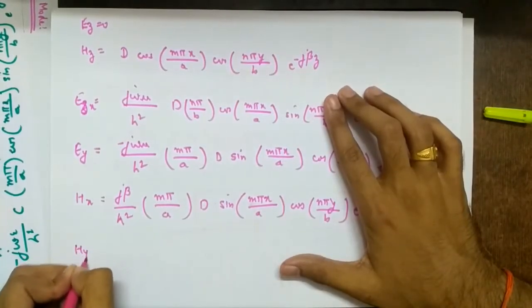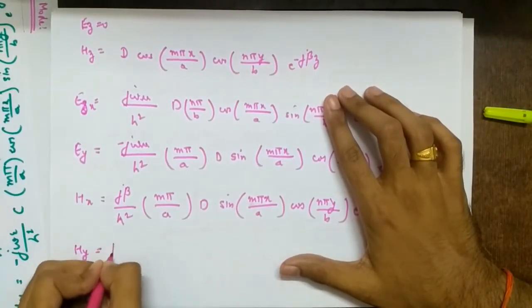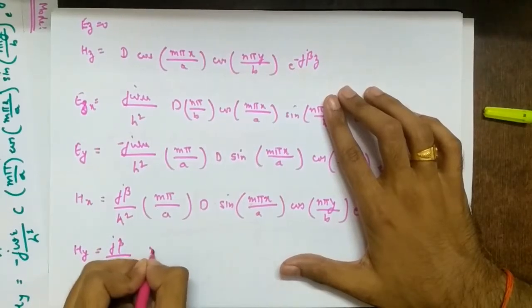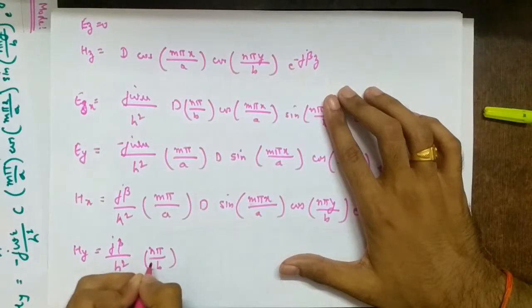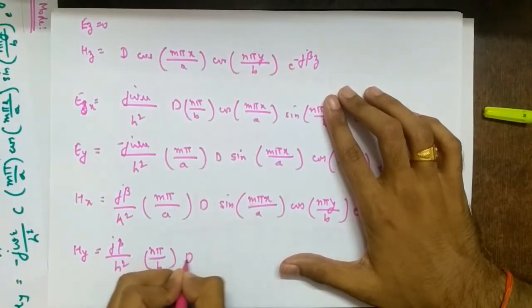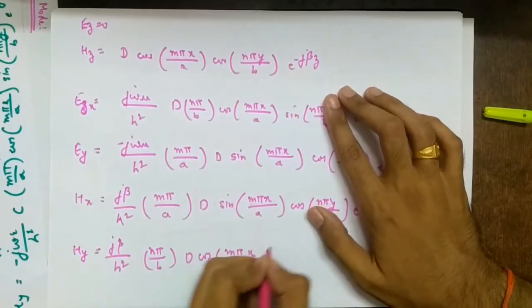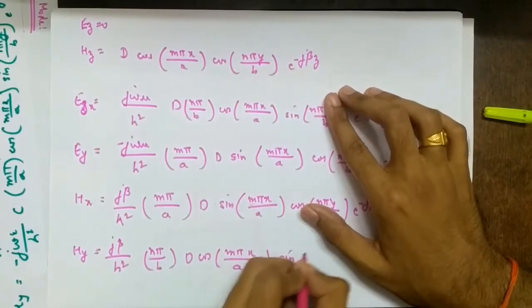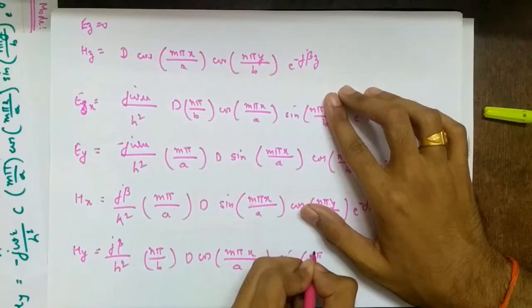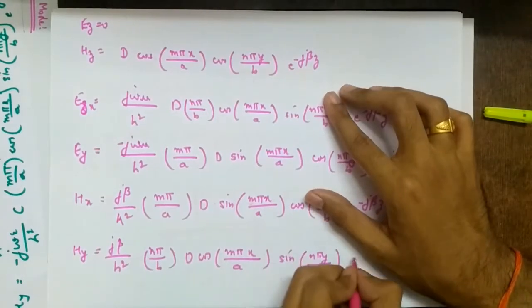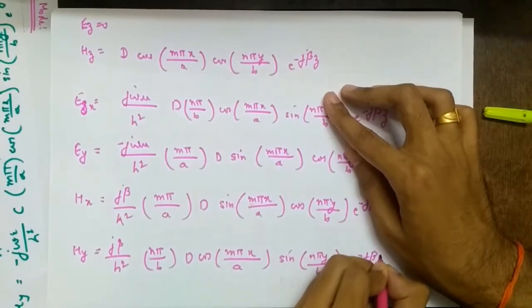Then finally we have Hy. So what is Hy? j beta by h square n pi by B D cos of m pi x by A sin of n pi y by B e raised to minus j beta z.